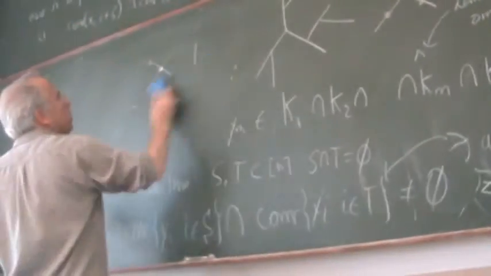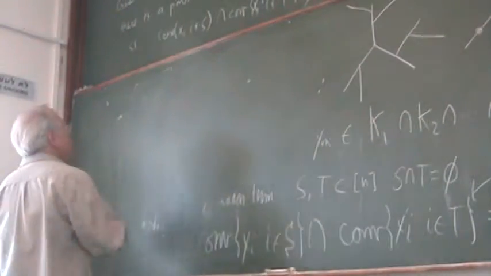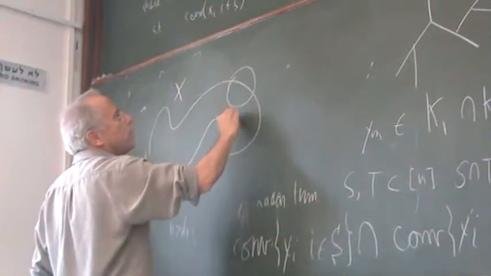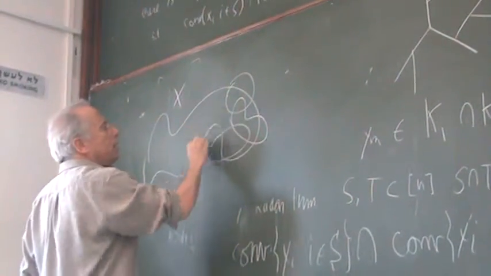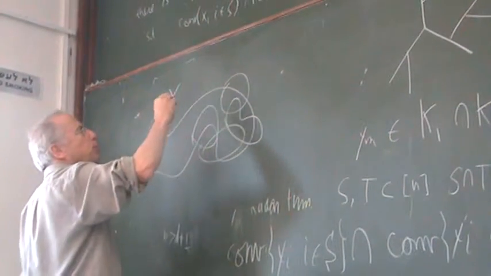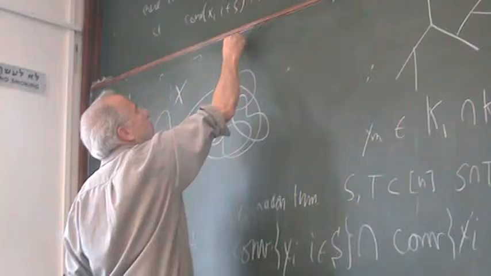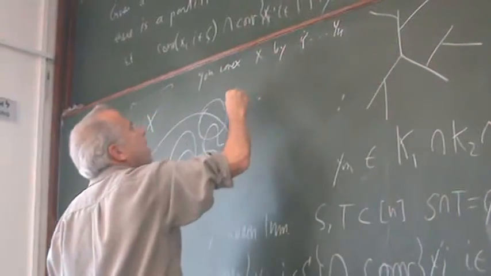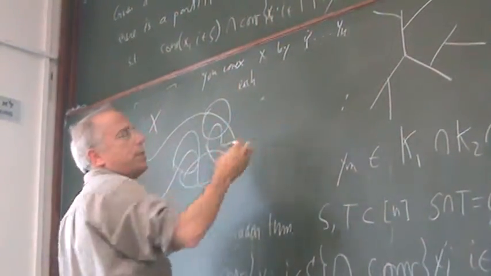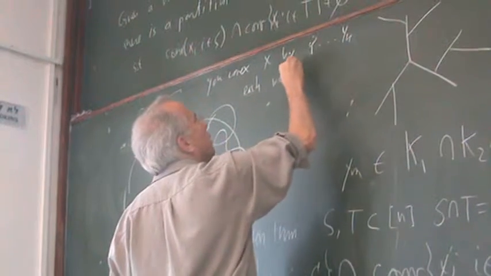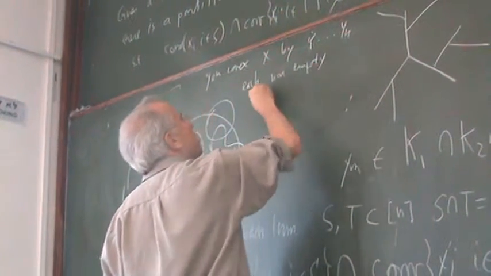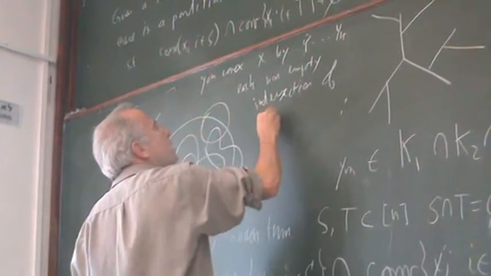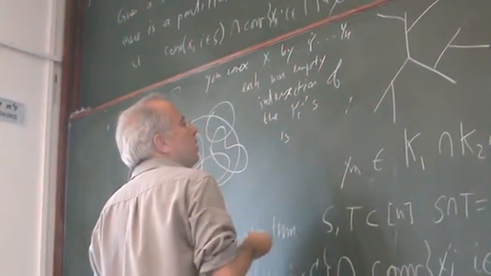So if you have a space, let's say X is a topological space, and you can cover it by some other sets. You cover X by Y1 up to Yn, and again you have the same property: each non-empty intersection of the Yi's is, say, contractible.